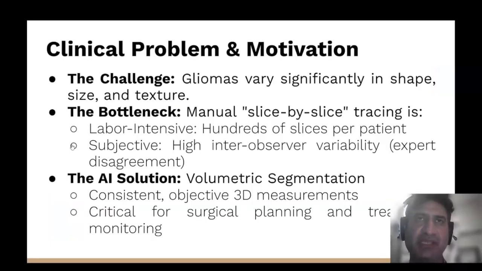Not only is this exhausting and slow, but it's also subjective. Two experts might look at the same scan and disagree on the tumor's edge. By using AI for volumetric segmentation, we provide doctors with objective and consistent measurements that are vital for planning safe surgeries and monitoring how a tumor responds to treatment over time.